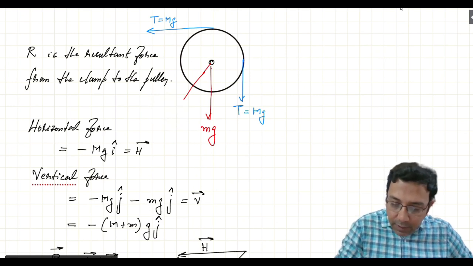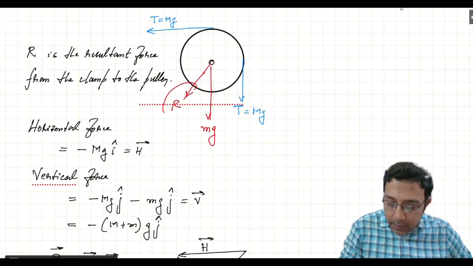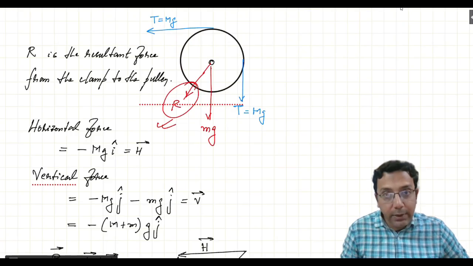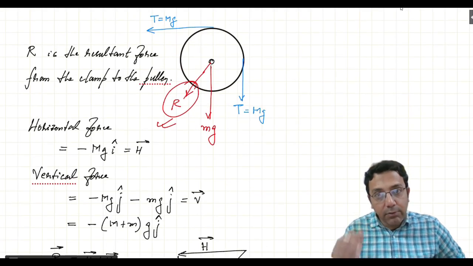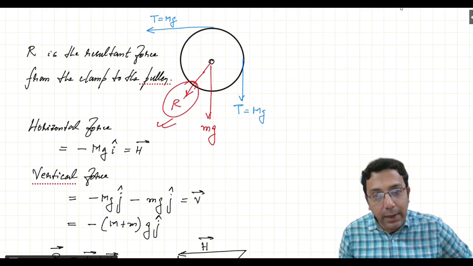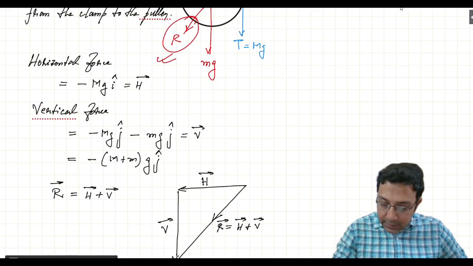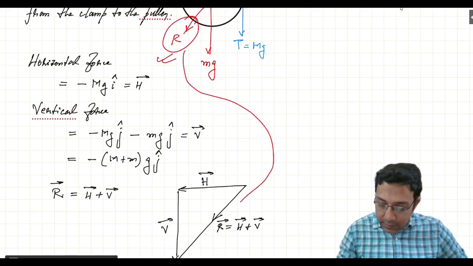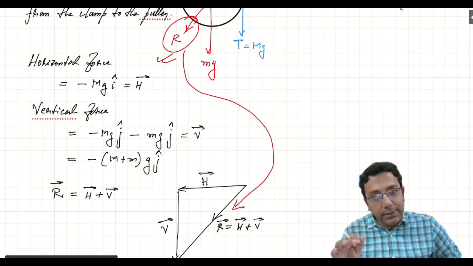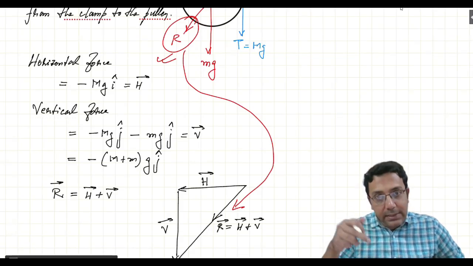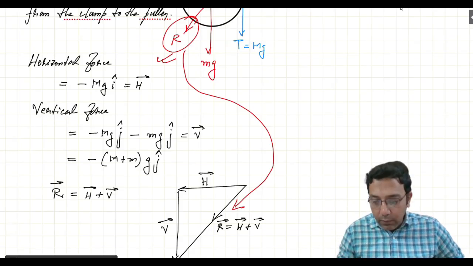This direction of R, what is drawn here, will be down. This area I am pointing towards. This direction will be down because we are taking the free body diagram.